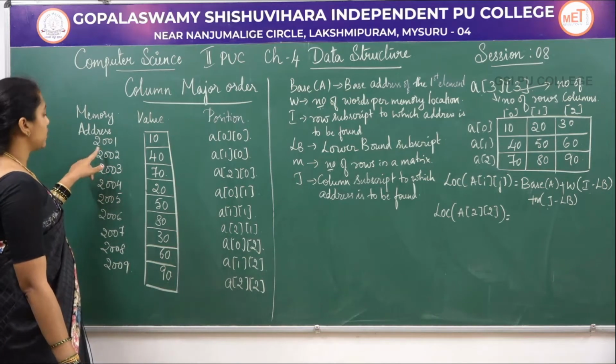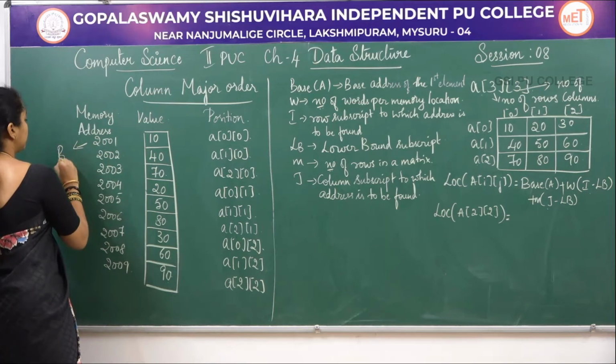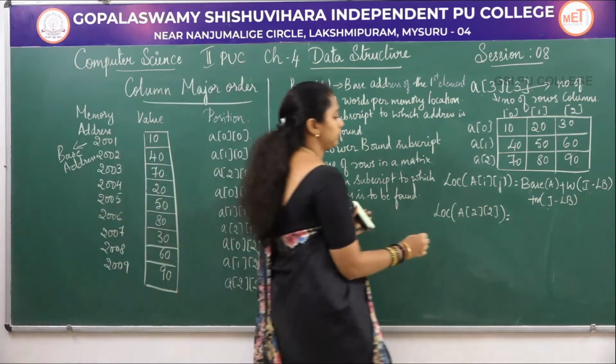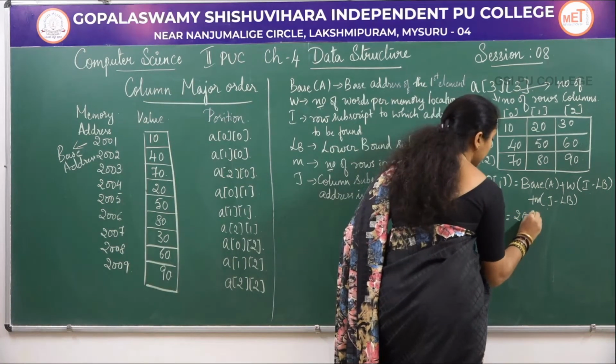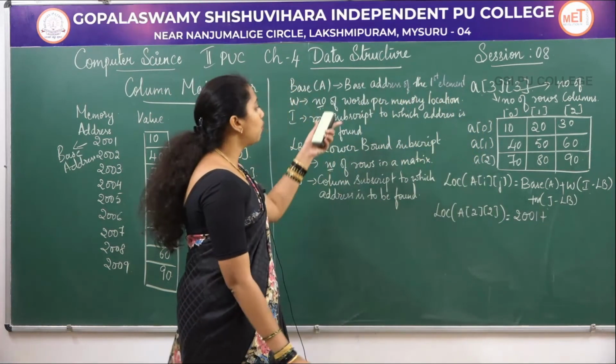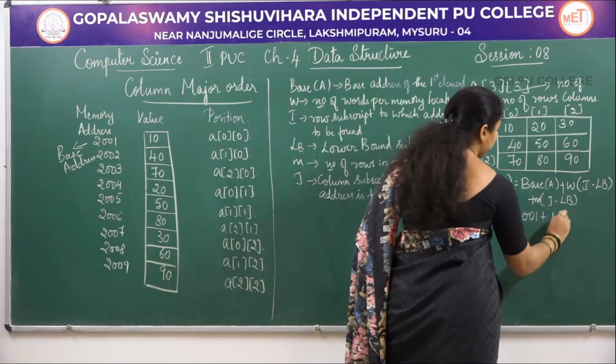The base address of the first element is 2001 plus W, which represents words per memory location, that is 1.